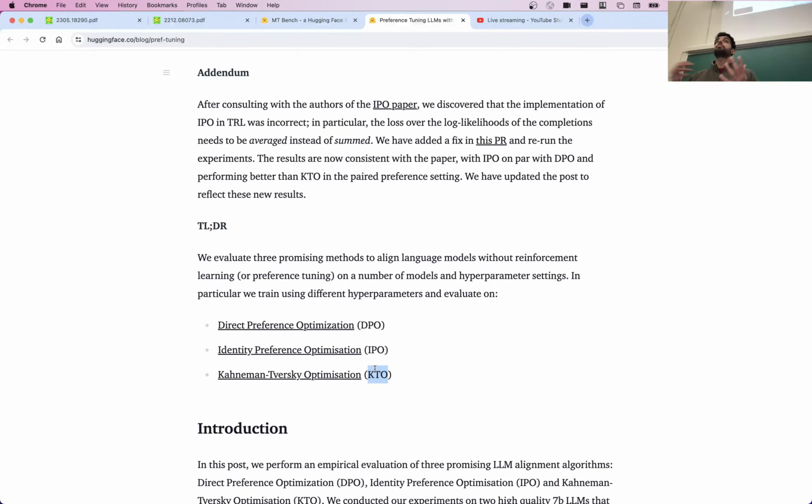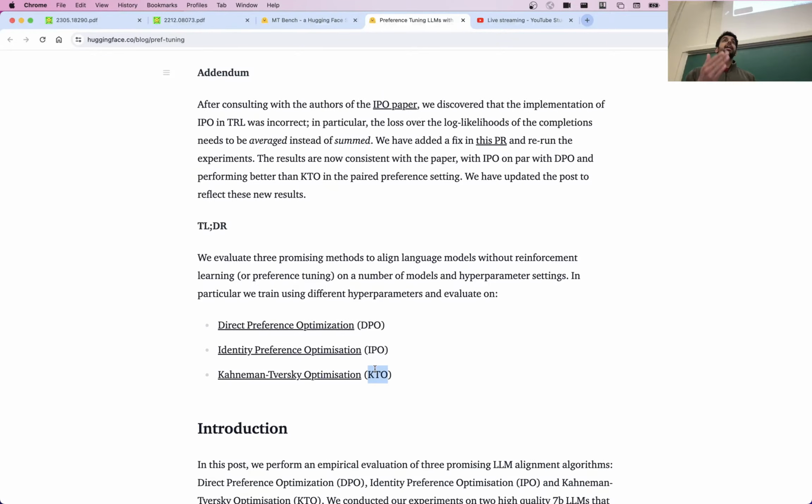So you don't need to know that YW is better than YL. You just need to know that YW is a preferred output and YL is not preferred. This allows you to not need two outputs for any given prompt, just one, theoretically.